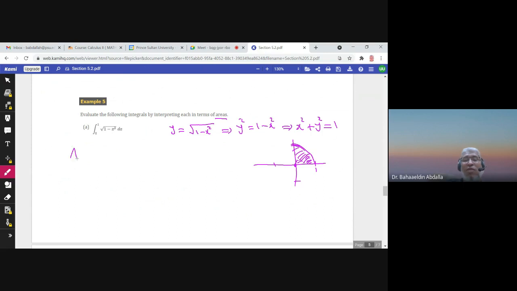What is the area of the circle? Pi r square, and r is 1. So it is pi. This is the area of the circle. So the integral from 0 to 1 of the square root of 1 minus x squared dx would be pi over 4. That's the answer.